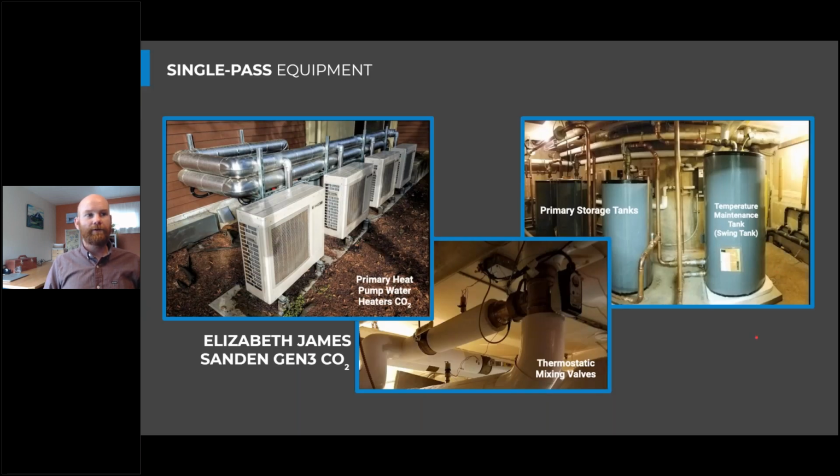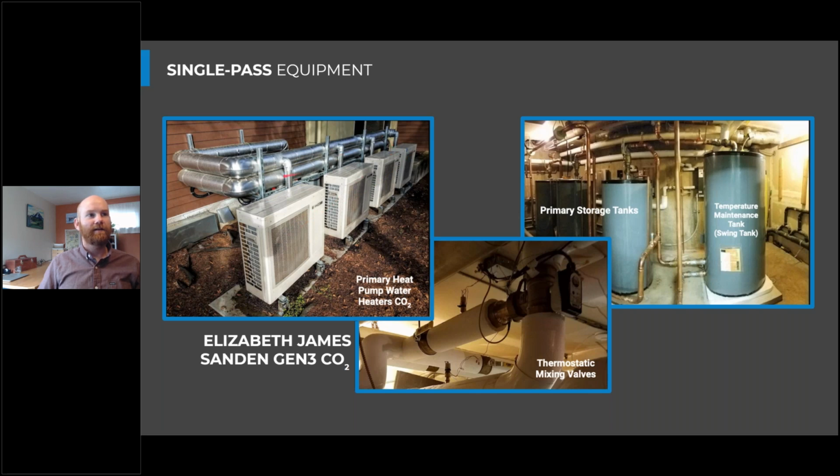So one of the first projects that we implemented this on was a retrofit of the Elizabeth James house. This is a senior low-income building serving about 60 apartments in the Seattle area. And we utilized 4 Sanden heat pump water heaters that are all connected in parallel.